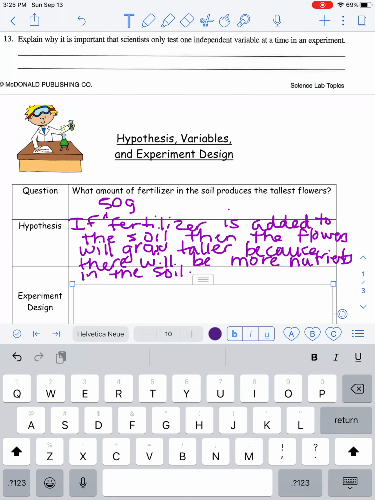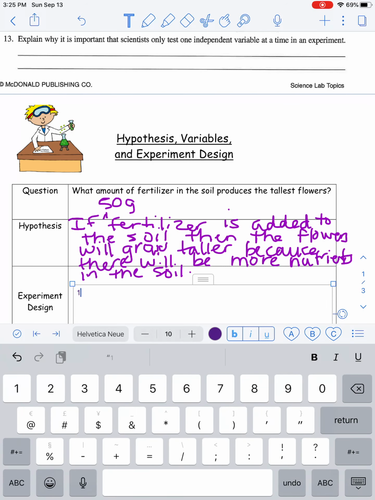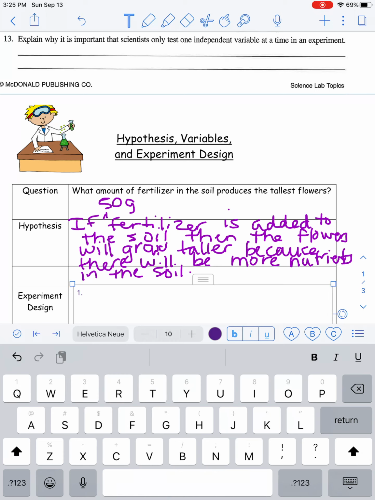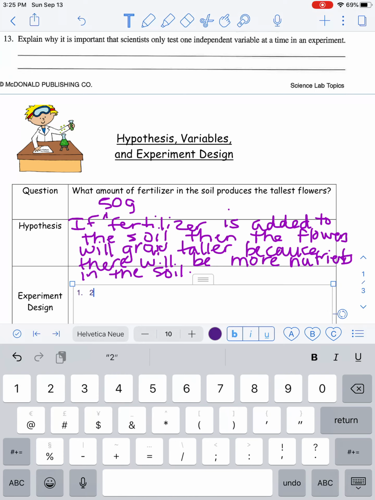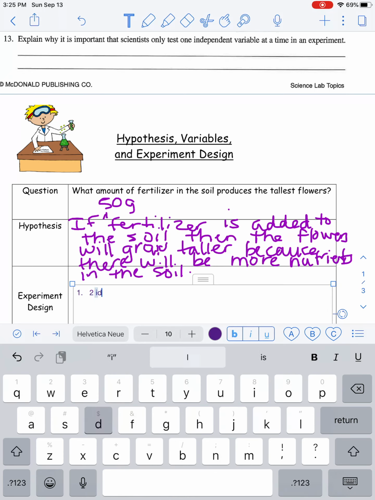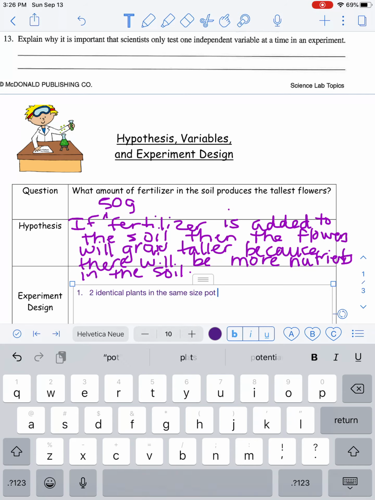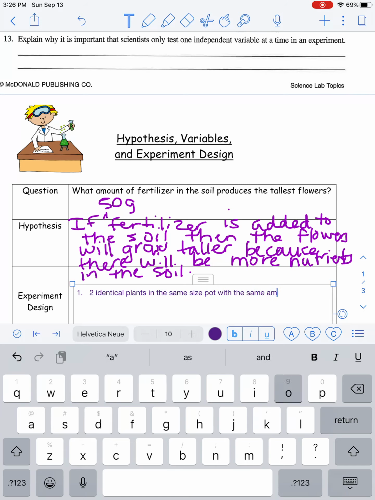All right, so I would need to have 2 identical plants in the same size pot with the same amount of soil.